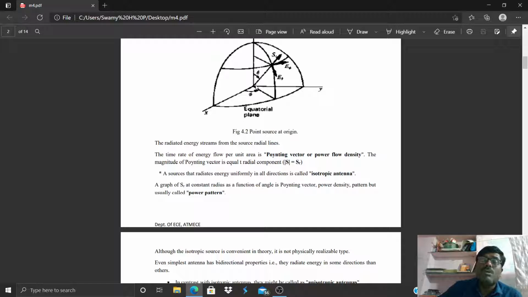Constant radius means the distance from the antenna to the point where you are going to measure the power and field components.